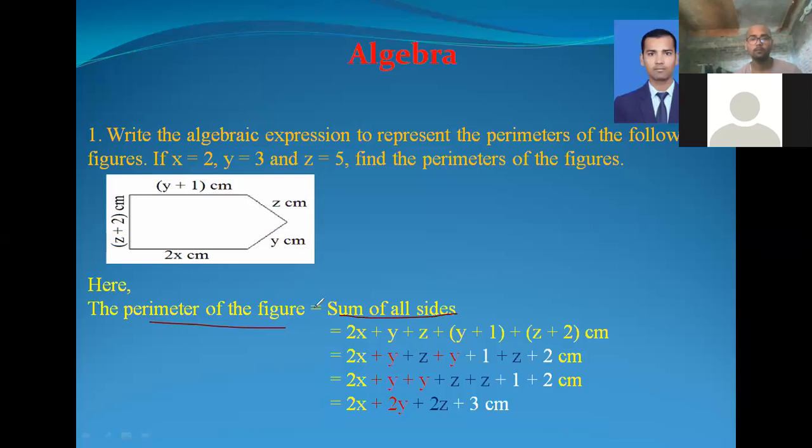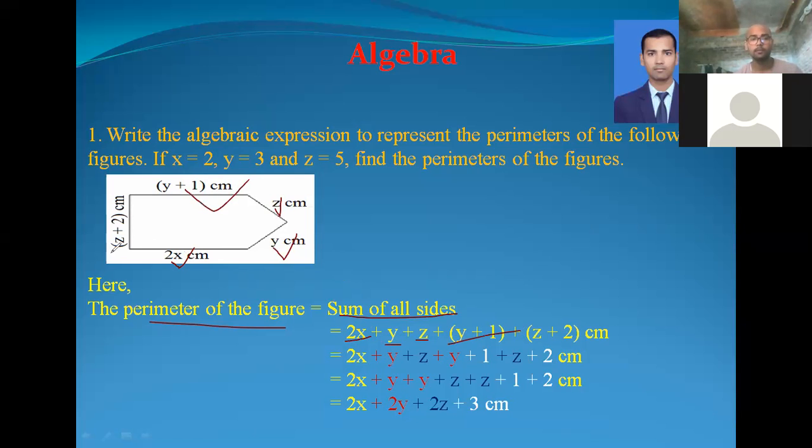Here we have the side 2x. In the same way, y centimeter, that is y. You can see the second one is y. Then after that, plus z. In the same way, the fourth side is y plus 1.